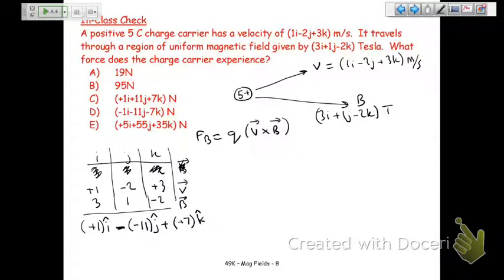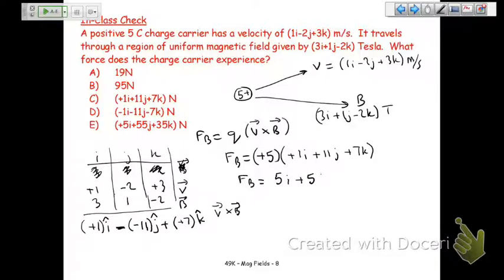Okay, so that's V cross B. So FB is equal to Q, which is plus 5, times 1I plus 11J plus 7K. So FB is equal to 5I plus 55J plus 35K newtons. There you have it.